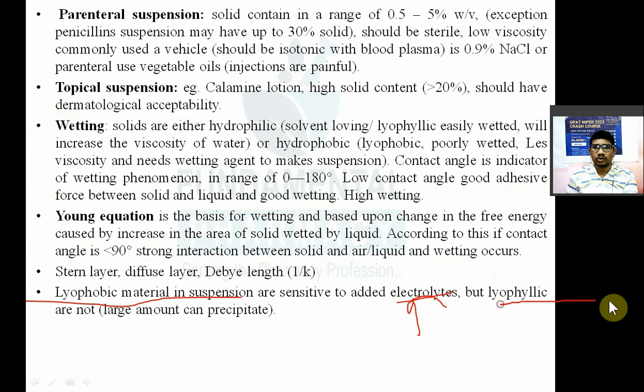But lyophilic are not sensitive to the electrolyte. If you add a small amount of electrolyte to the lyophobic material, there is coagulation and caking. But it is not true with the lyophilic. In lyophilic, you will require a large amount of ions to coagulate the suspension.